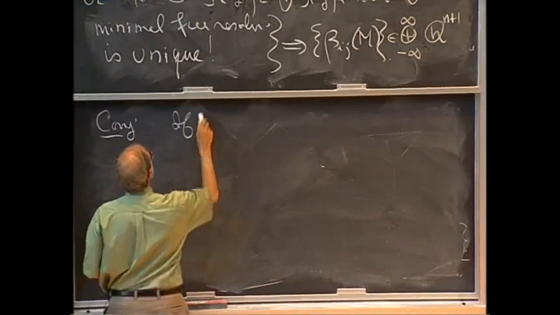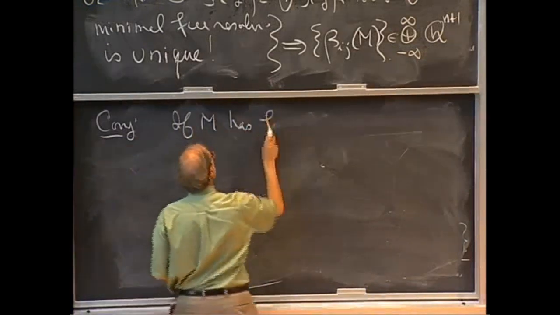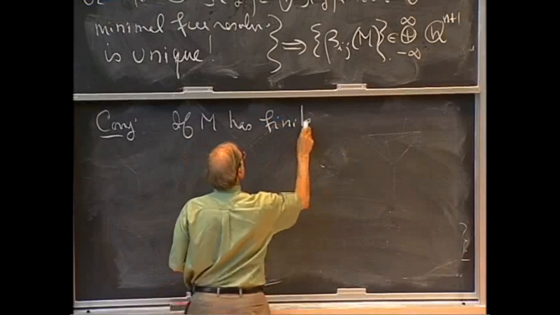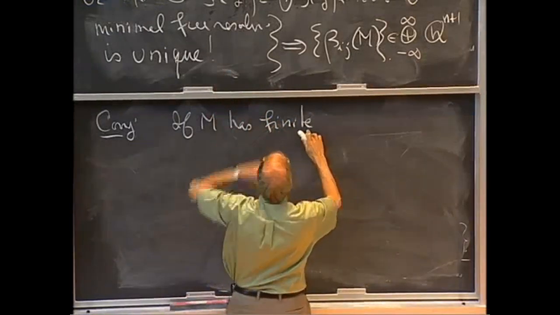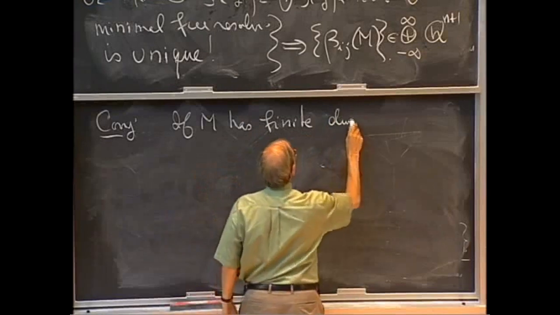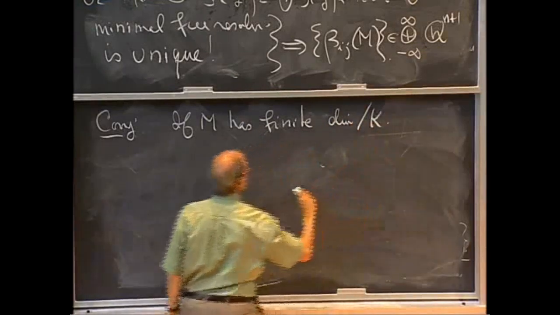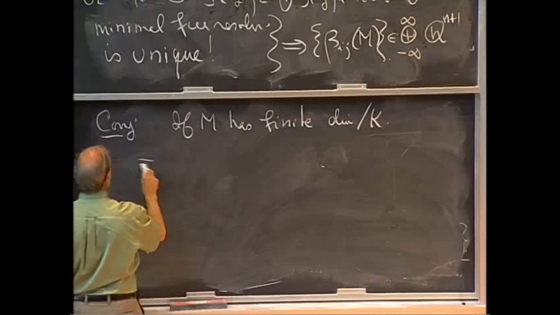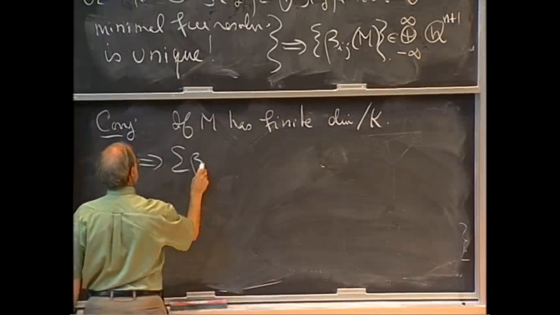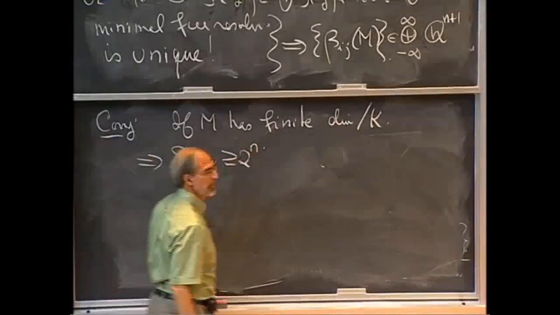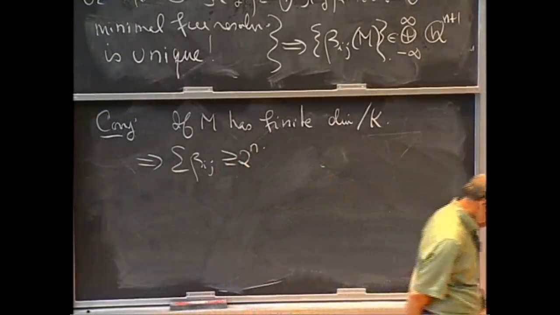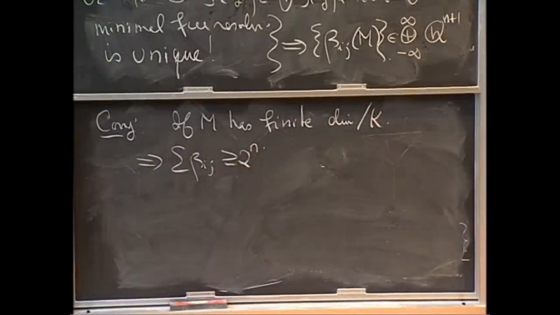If M has finite length, so think about length, if you like, or as dimension over the field, finite vector space dimension over K, then the sum of the beta ij's is at least 2 to the n. That's conjecturally true.